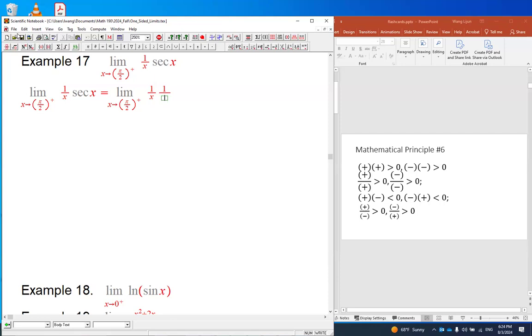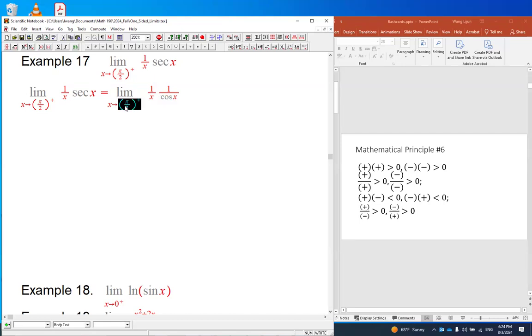So it's 1 over cosine x, right? And obviously, as x approaching pi over 2 from bigger than pi over 2, this number is going to be fixed. There's nothing we can reduce. So what happens if cosine x approaches what?